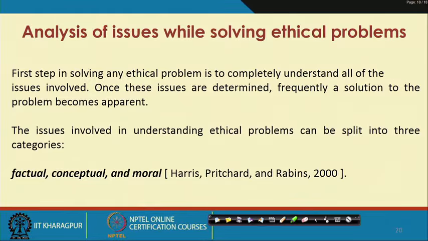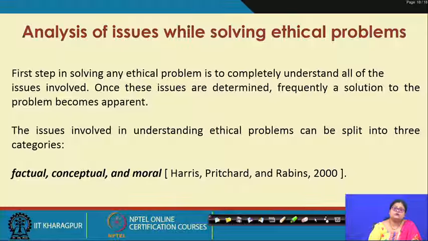So while analyzing and solving ethical problems, we have to understand what the issues are which are present in the problem.